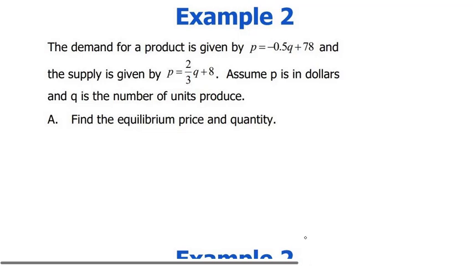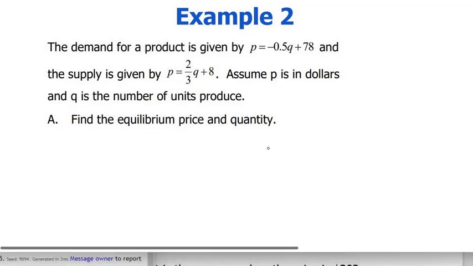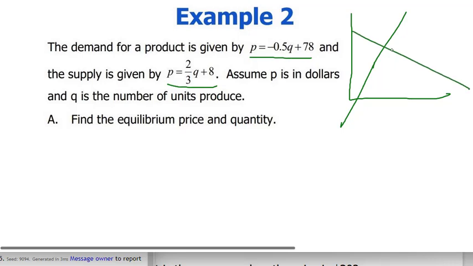Let's look at another example. In this example, we are going to determine where the equilibrium price and quantity are. So we're given our two functions here, and we have to figure out where those two meet up. Remember, maybe this is my supply, here's my demand, we're looking for that spot right there.